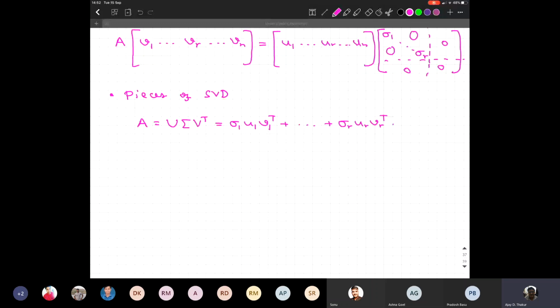Okay. So the rows up to a particular number are only relevant, because beyond that the sigma r's are 0, right? Beyond that, sigma k equals 0 for all k greater than r, right?